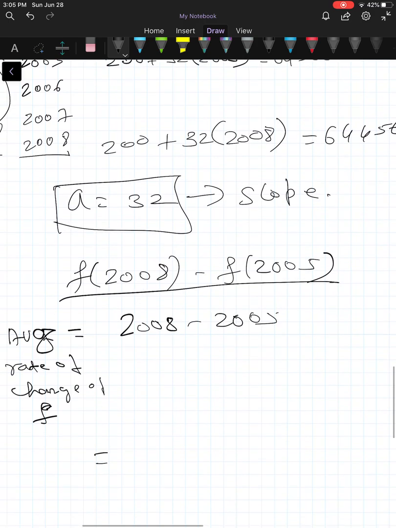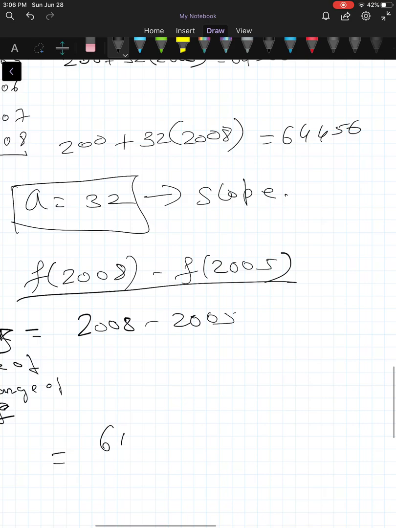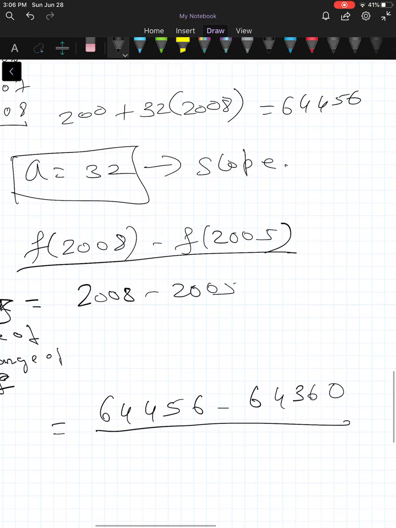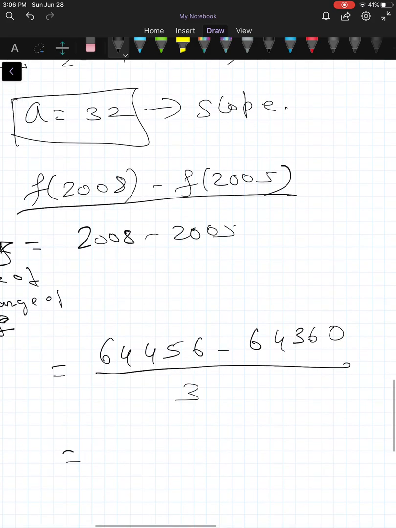So that would be equal to f of 2008, 64,456, minus 64,360, divided by 3. Correct? The numerator reduces to 96.